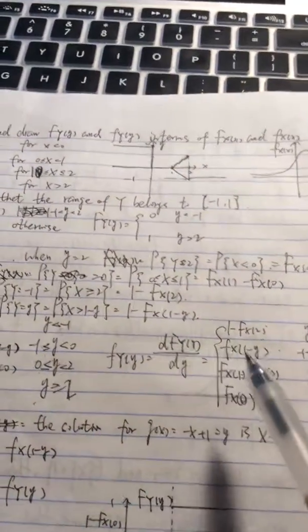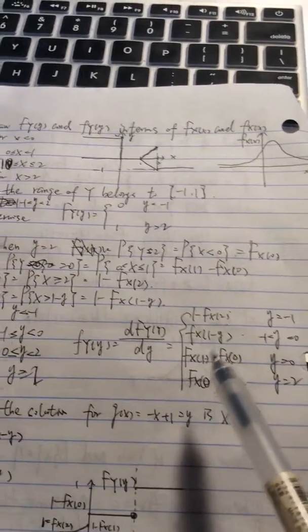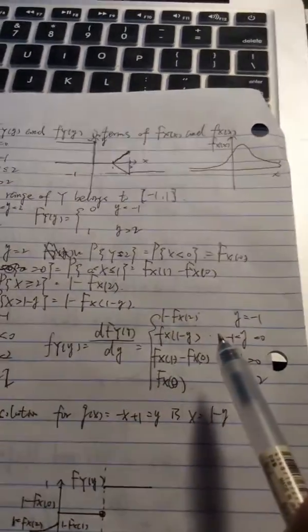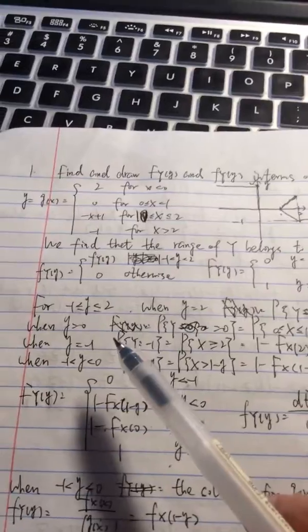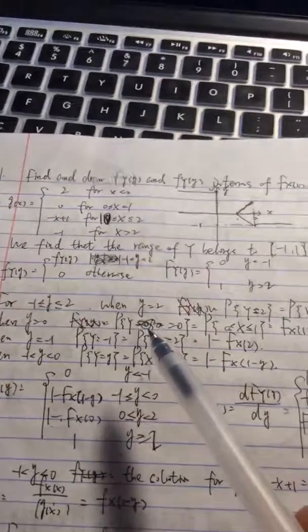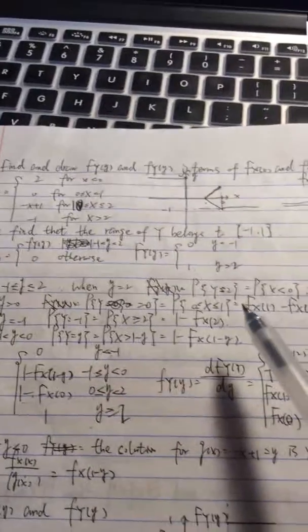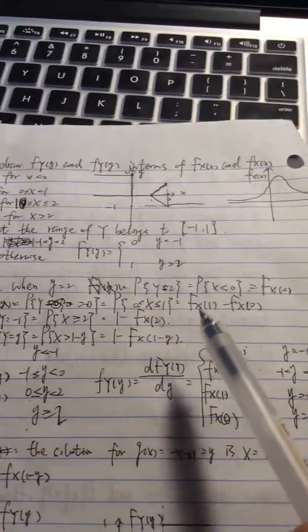It's just the derivative of the CDF of y. But there is some step jump at some points. For example, the probability of y equals 0 is the probability of x being greater than or equal to 0 and less than or equal to 1.